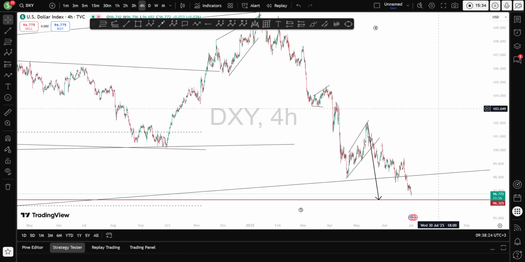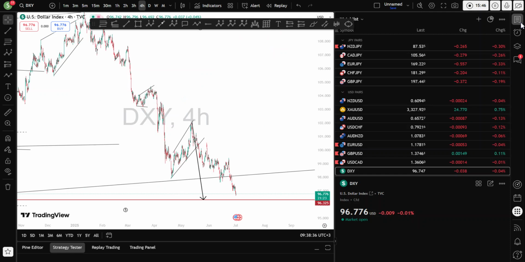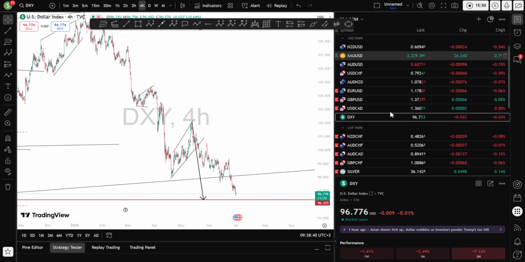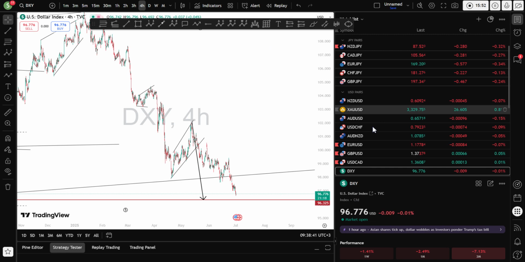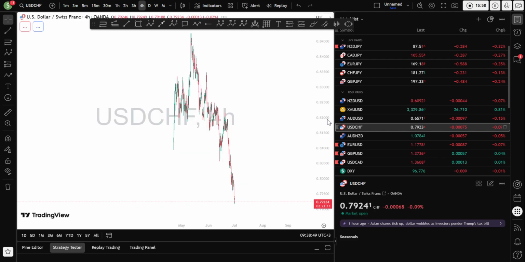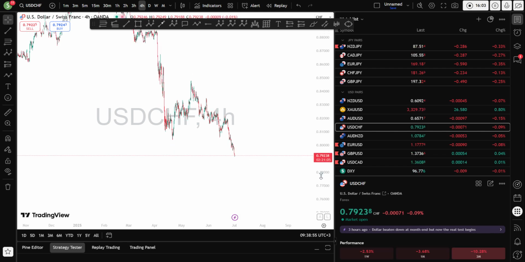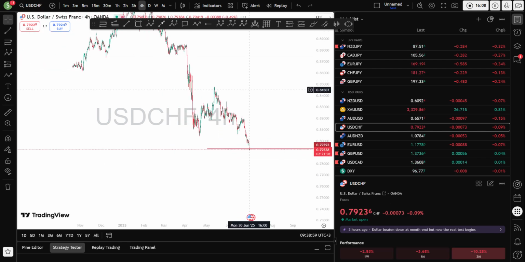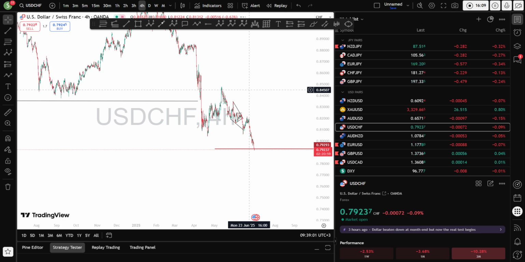So that means if we'll be anticipating a bullish move for DXY, we'll be anticipating a bearish move for EURUSD, GBPUSD, NZDUSD, AUDUSD, and so on, and even silver. So you can have a quick checkout on NZD or USDCHF.